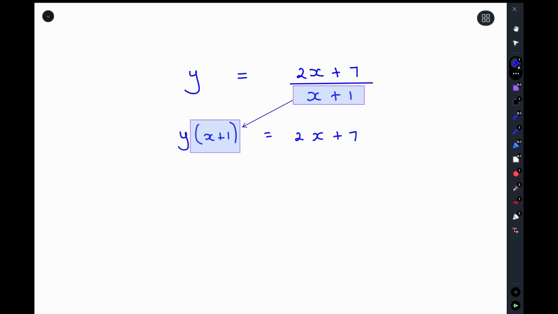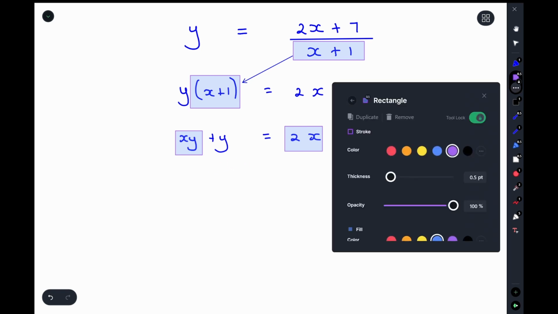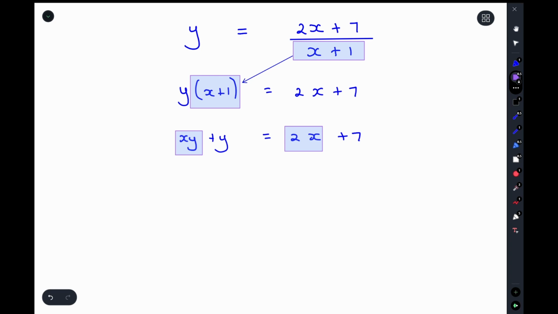We next want to expand the bracket. So we get xy plus y is equal to 2x plus 7. Then we want to rearrange terms. We want all terms that contain x on one side of the equation, and all terms that do not contain x, we want those on the other side of the equation.